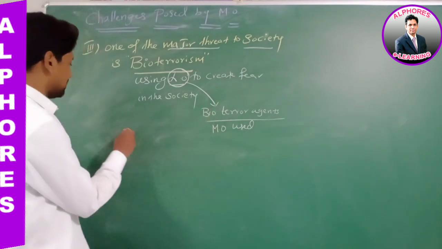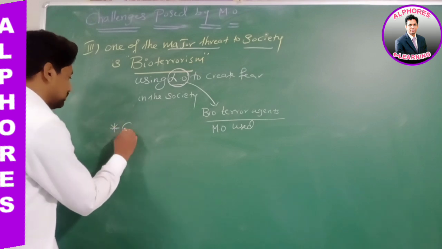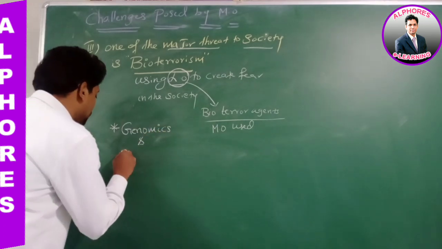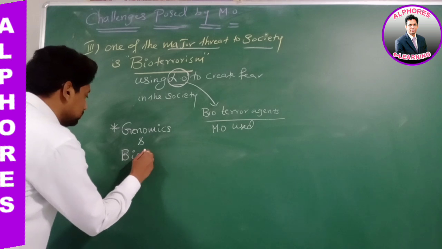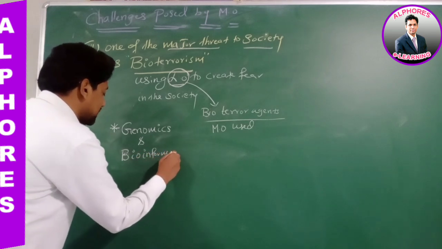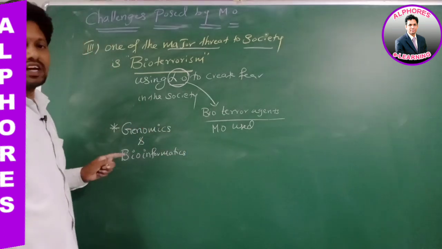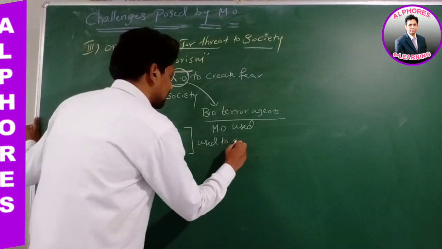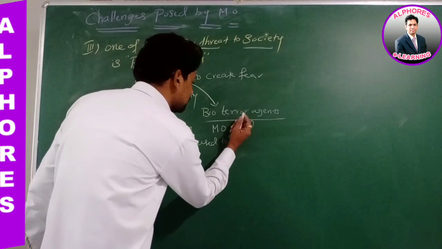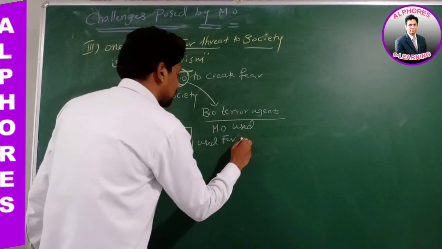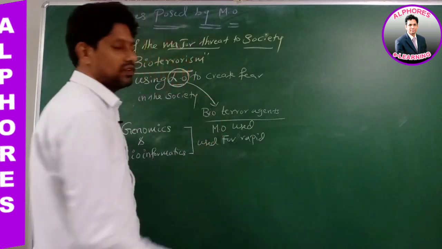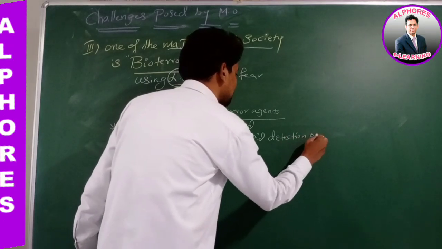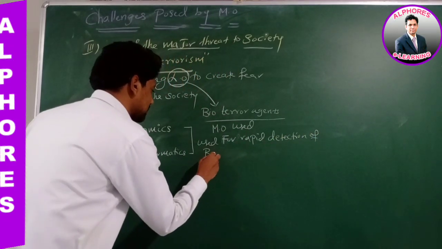Right, now listen to this concept: genomics and bioinformatics. Genomics and bioinformatics, these two are used for rapid detection of bioterror agents.